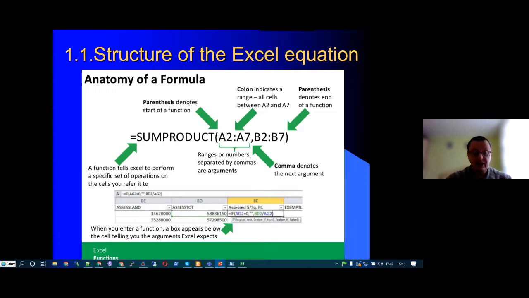Any equation and calculation in a spreadsheet starts with an equal sign, which has to be followed by a list of constants, mathematical operators and functions along with arguments. A function tells Excel to perform a specific set of operations on the cell or array we refer to. Functions in Excel formulas are represented by a function name, typically a word, followed by a list of arguments in brackets; at least a single argument is required.